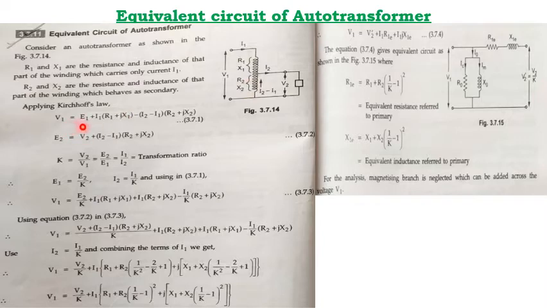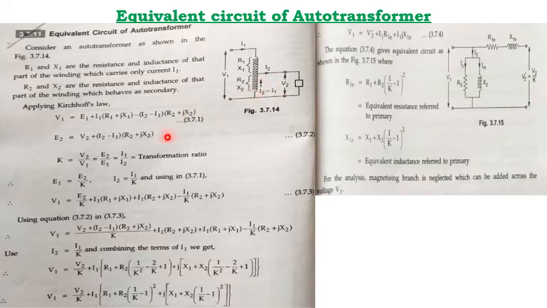So V1 is equal to E1, the induced EMF in this particular winding, plus I1 into (R1 plus jX1), which is the voltage drop across the first winding, minus (I2 minus I1) into (R2 plus jX2), which is the voltage drop across the second winding. Through the second winding, the current flowing is I2 minus I1.